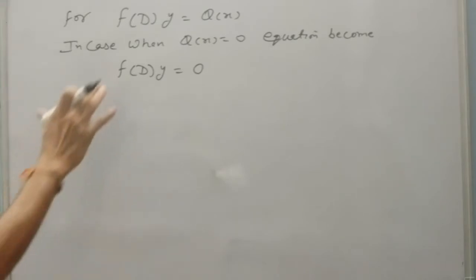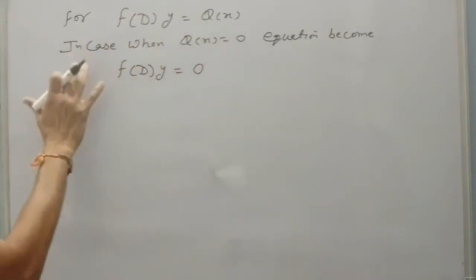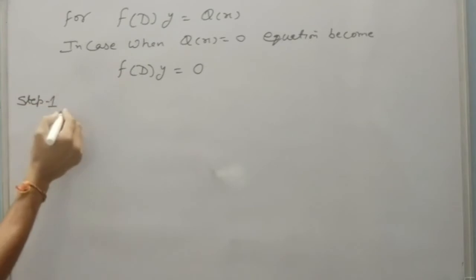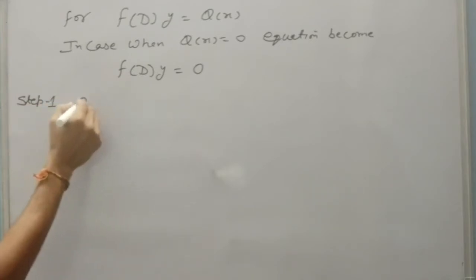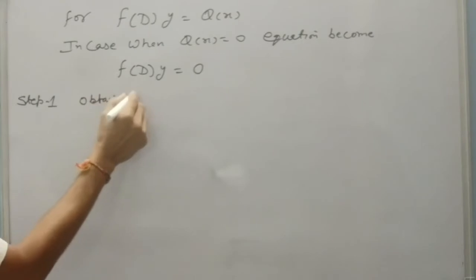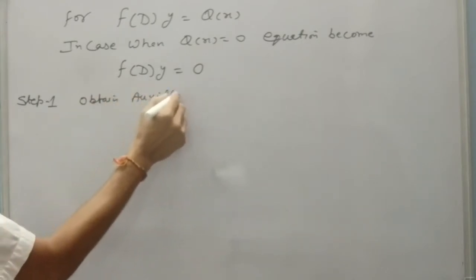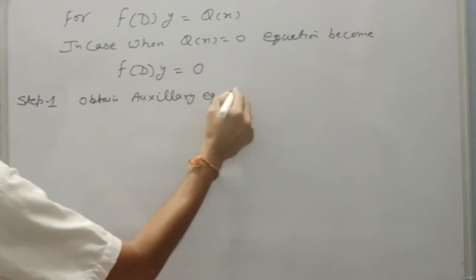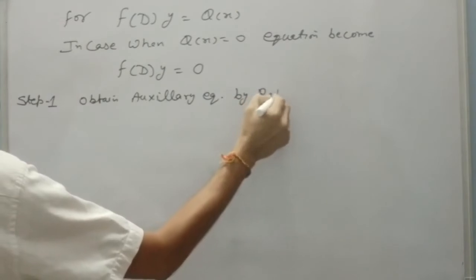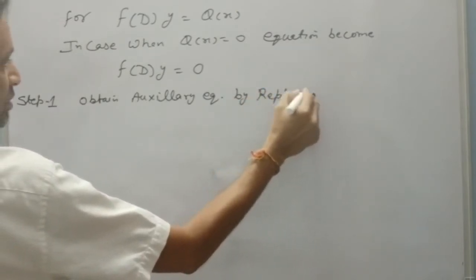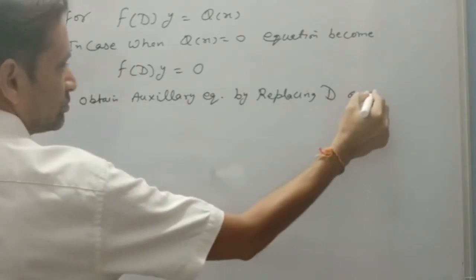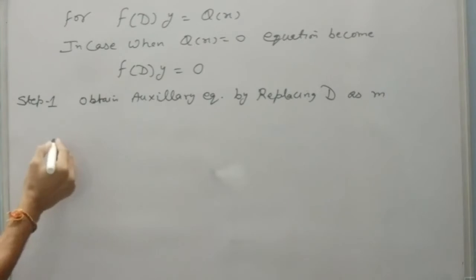So here we go further ahead. For the solution of f(D)y = Q(x), in the case when Q(x) equals 0, the equation becomes like this. Then step number 1 is to obtain the auxiliary equation by replacing D with m in f(D).